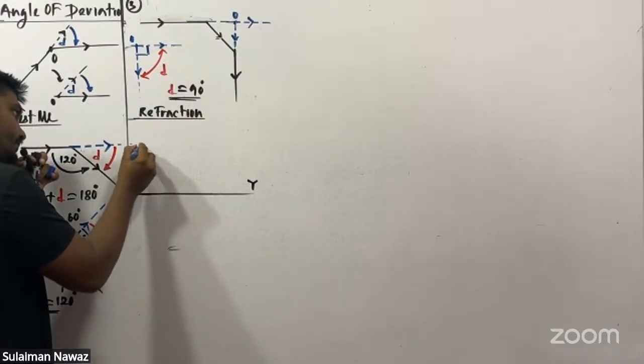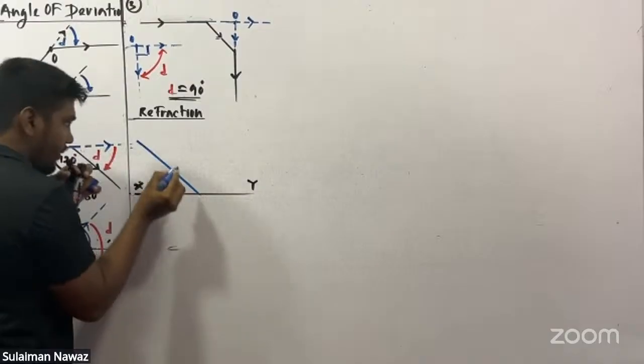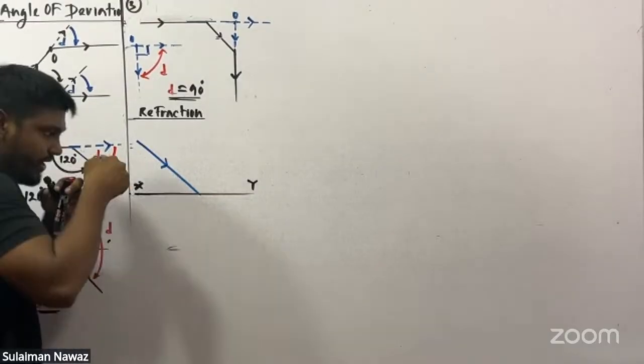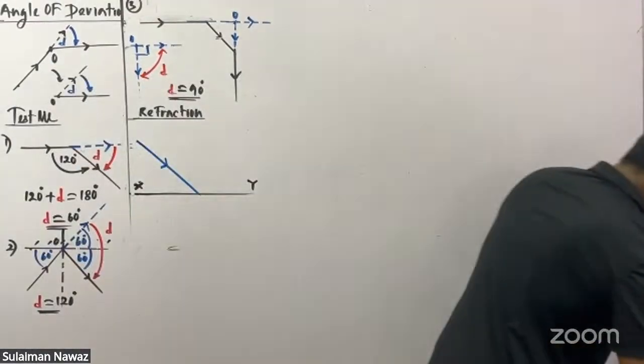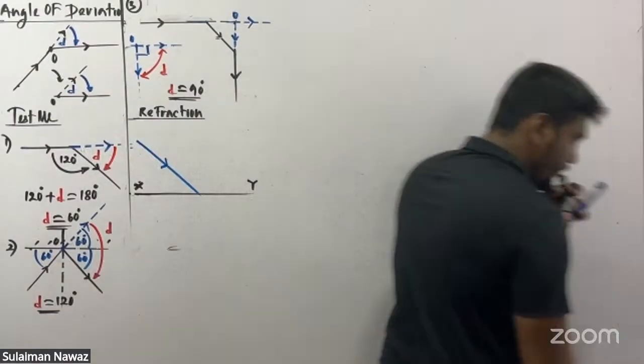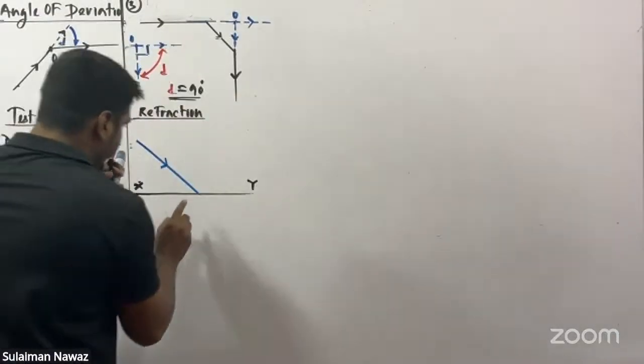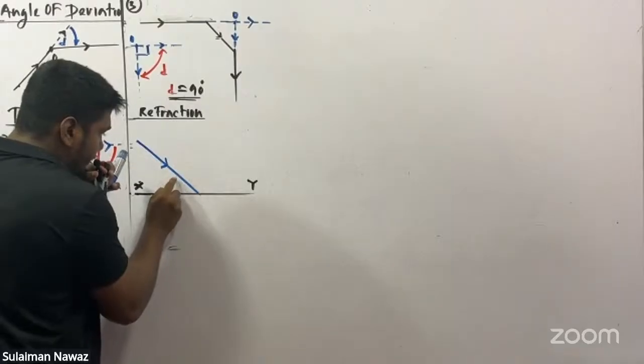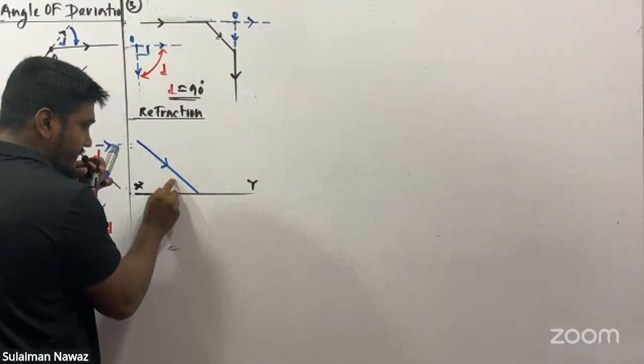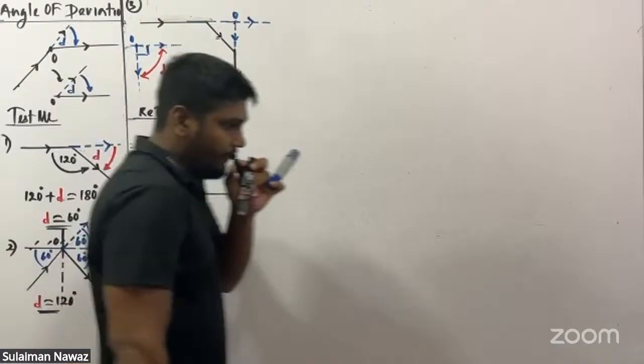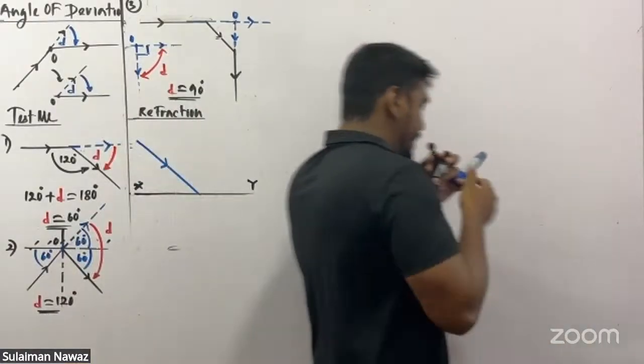Initially, this light ray is moving in medium 1. This light ray we call the incident ray. Let's name this light ray as the A light ray.